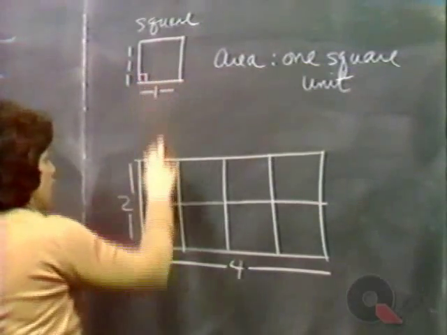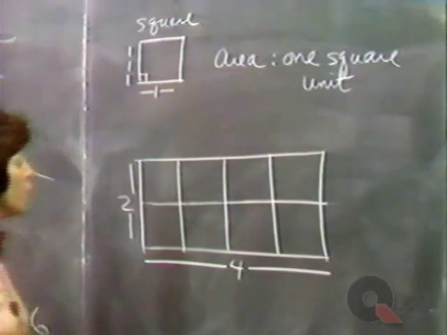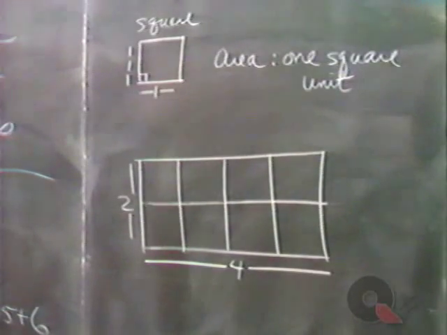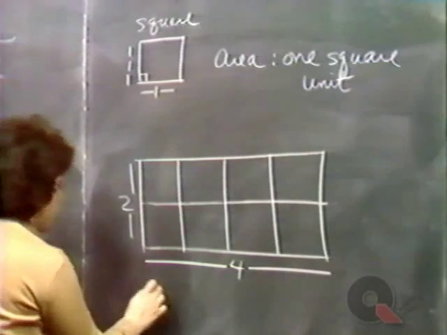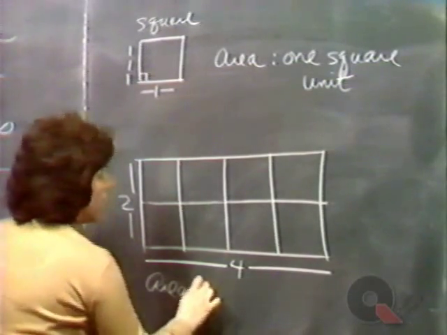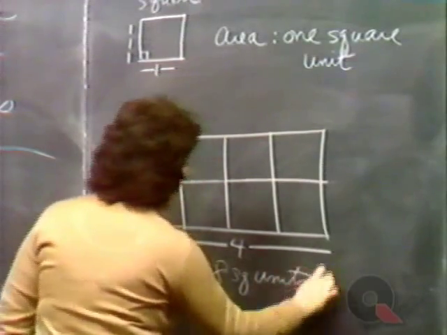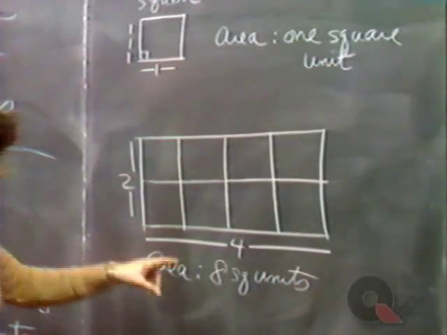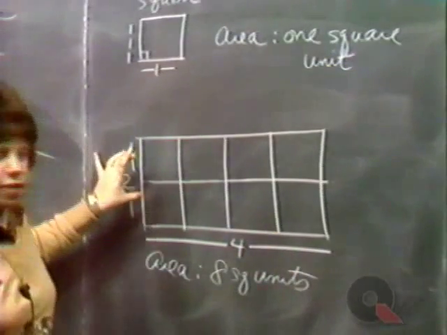Since each one of these has area 1 square unit, then it seems natural to call the area of this rectangle 8 square units, since there are 8 of these. Okay, the area here is 8 square units.